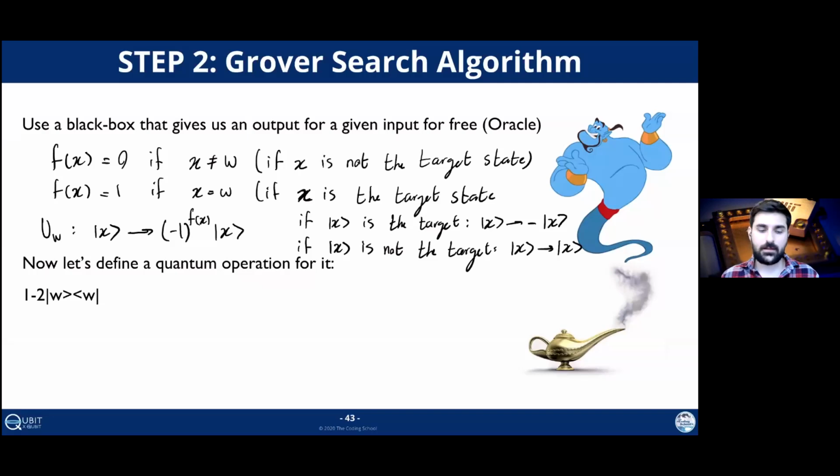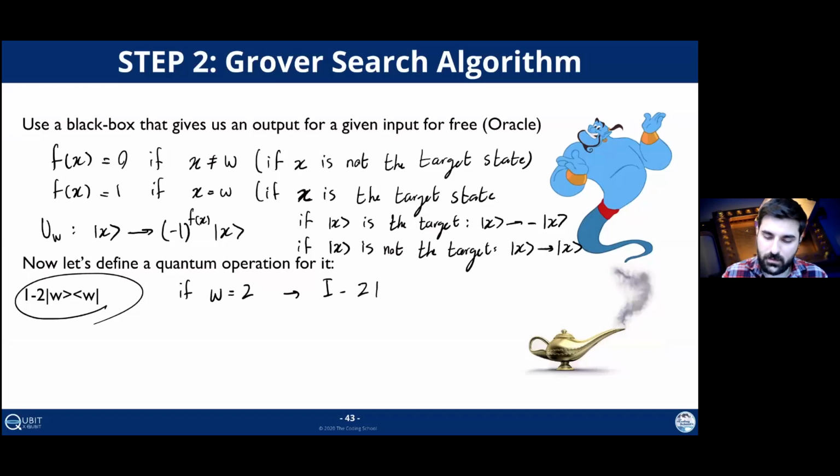And the way that I can define it is actually using, again, this outer product notation. So I have the identity minus 2 times the outer product of the winner state with itself. So again, let's look at the example that we had. If W is equal to 2, like we mentioned, we're going to have the identity minus 2 times |2><2|.